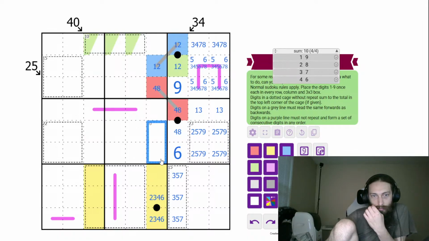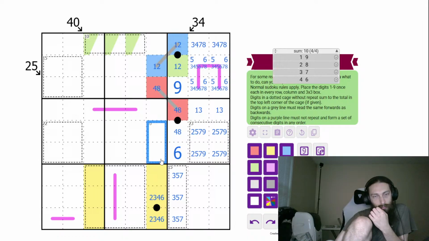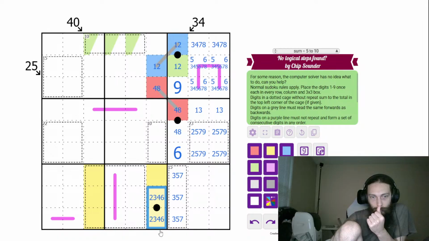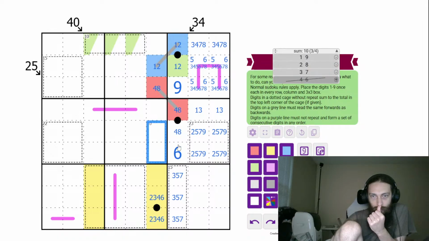Ten. Is this 10 restricted based off of what's going on here? Well, you know it can't be a 4-6 pair, because then this will be 2 and 3, which don't work. Tall Cat confirms that.